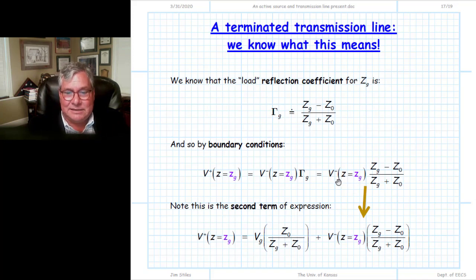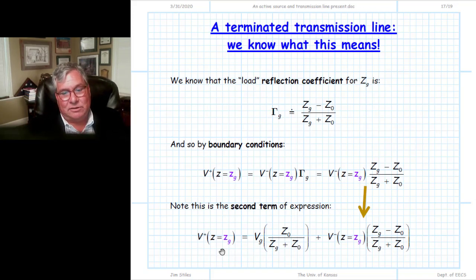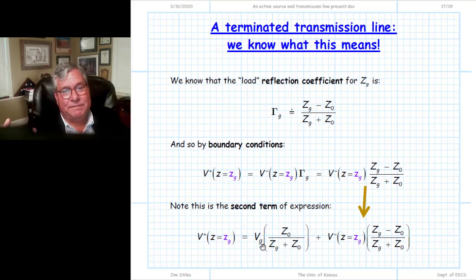And the point here is this answer, which we know is the right answer when our VG is set to 0, is the second term now in the expression for the plus wave voltage at the source location. This term we got from applying a voltage division when we set V minus equal to 0. This term we got by applying our boundary conditions of a wave reflected from a passive load when we set VG equal to 0. We add the two terms together, and again, they both make physical sense.